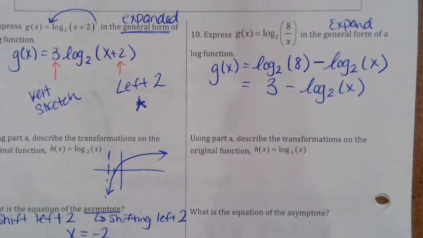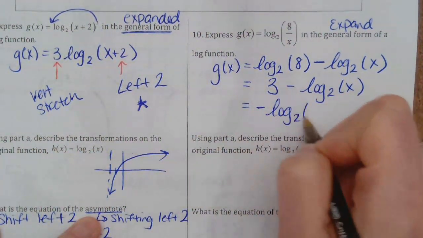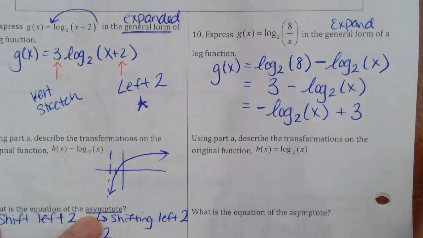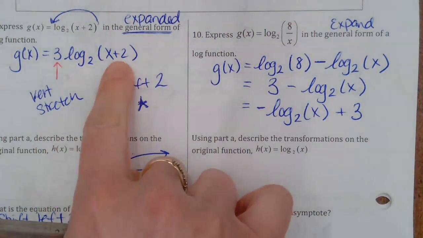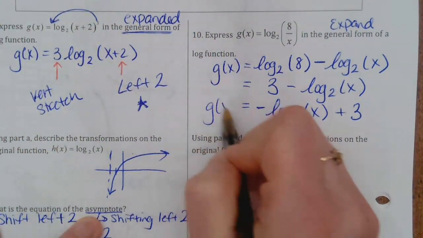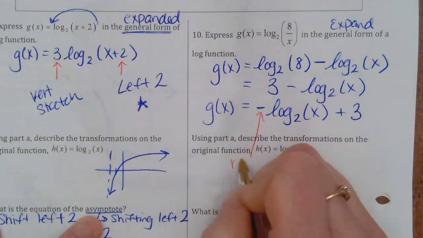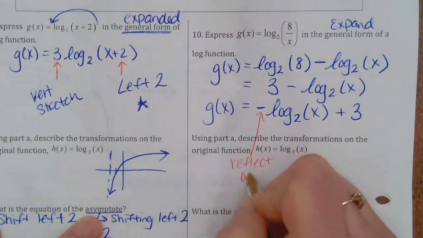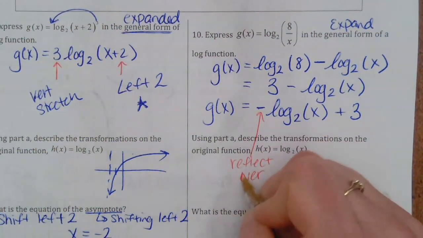If that looks a little backwards, you are welcome to rewrite it so that it's negative log base 2 of x plus 3. Now notice this plus 3 is not inside of our parentheses like the last one. So it is not the same type of transformation. We have a reflect, we'll just say reflect.